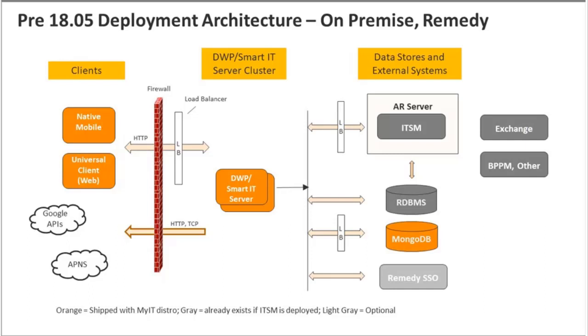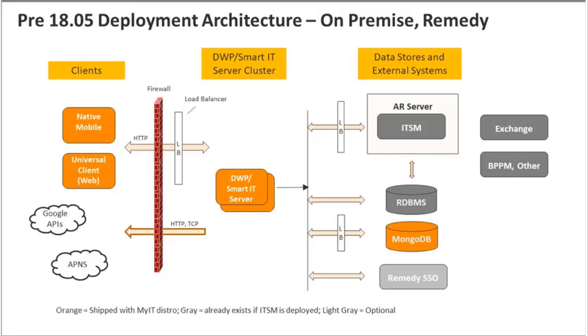And behind your load balancer, you have your Mongo database and your relational database for digital workplace as well as Smart IT. And it also talks to the AR ITSM server and the Remedy SSO. Also, digital workplace has other integrations with Exchange Server, BPPM or TrueSight, CLM, etc., all the other providers that digital workplace integrates with.